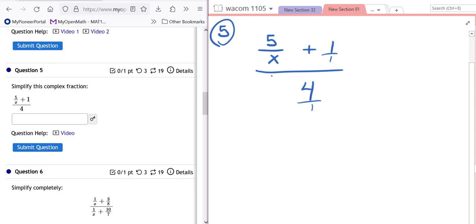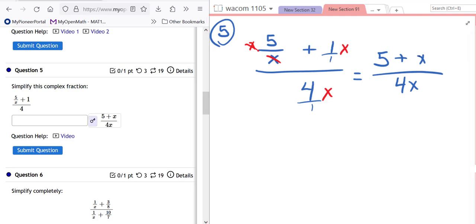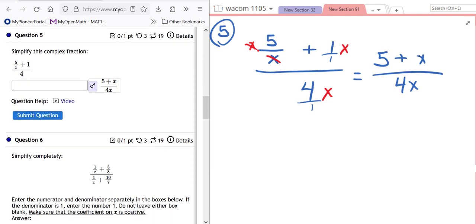So x is my LCD, but I have to put it beside every single piece, whether there's a fraction or not. On this one, it cancels out, so it leaves me a 5. But now here I'm going to have 1x, or x. On the denominator, I have 4x. So I have 5 plus x over 4x, or x plus 5 over 4x. And it should accept your answer in either order.